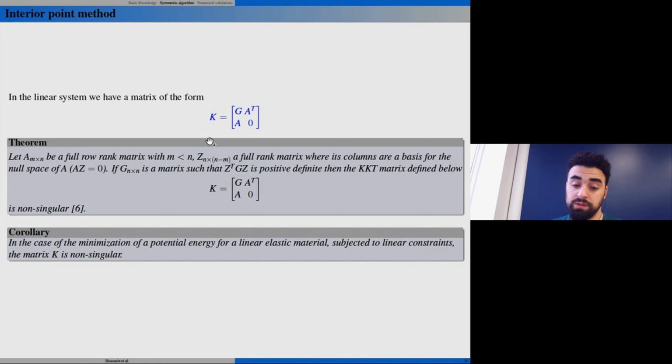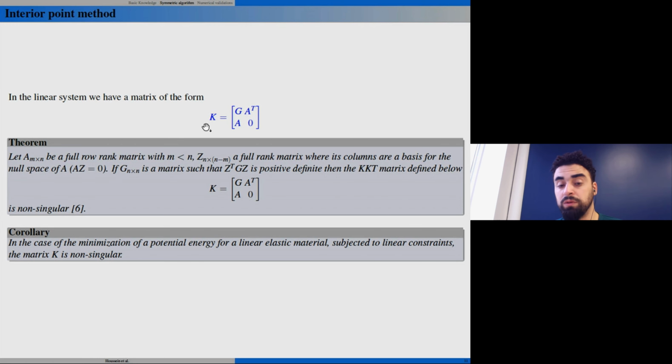When we use the Newton method in order to find our descent direction, we will find in our linear system a matrix of this form, where A denotes the Jacobian of the constraints, and A is full row rank because we introduce the slack variables, and G, for example in the case of linear elasticity, is positive definite in the null space of A. Therefore, this matrix K will be non-singular.